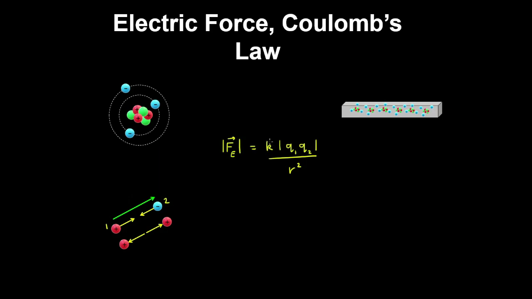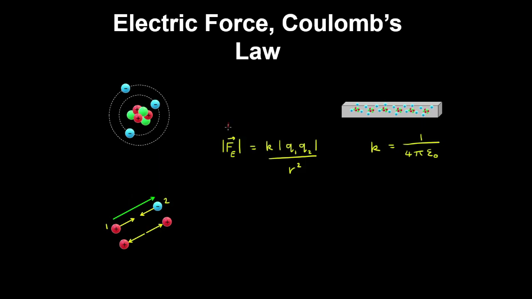And Coulomb's constant is the constant of proportionality, and it can be written in terms of the permittivity of free space. And we'll look at the permittivity of free space in more detail later on, and this form of the constant makes it more convenient to analyze spherically charged bodies.